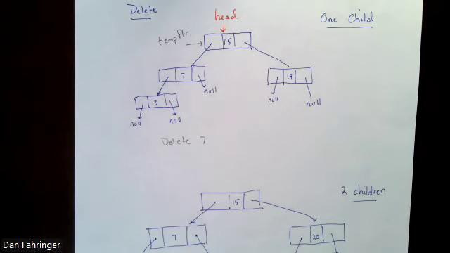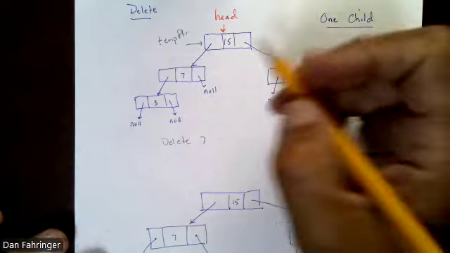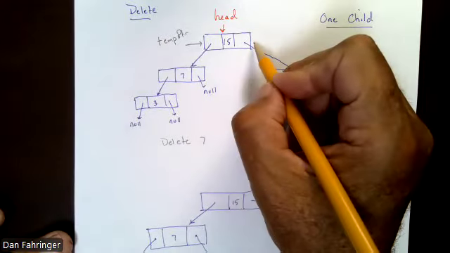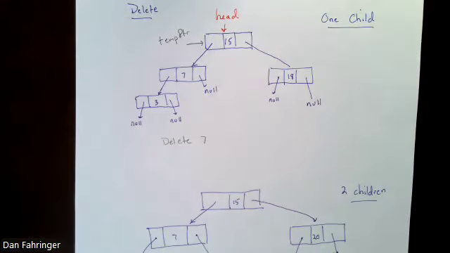What do we got here? And we're going to call these left and right, which are kind of obvious names. Instead of prev and next, it's going to be left and right.